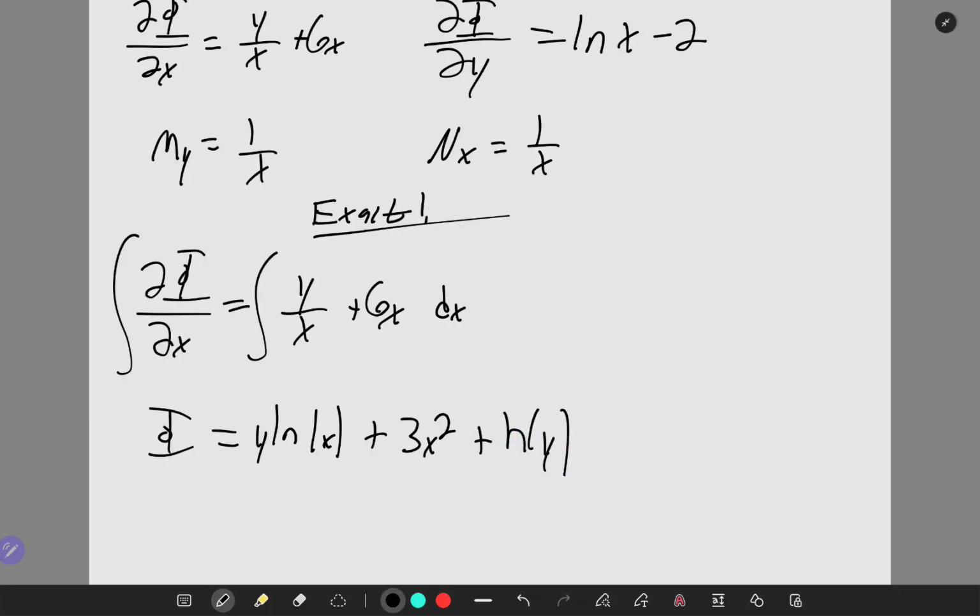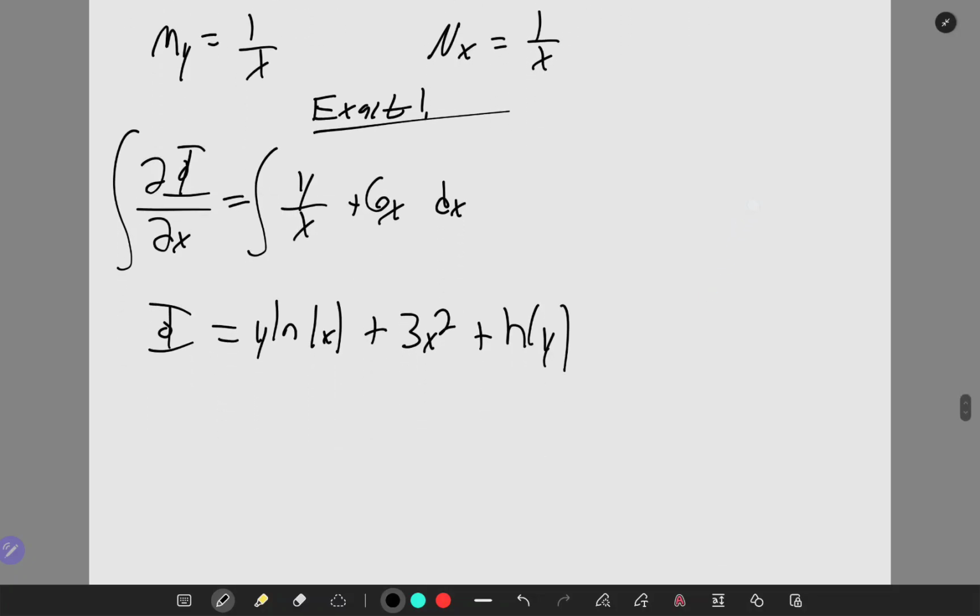Plus h of y. Now, we used x already, so now we're going to use d phi with respect to y. So that would be, the y would just disappear.